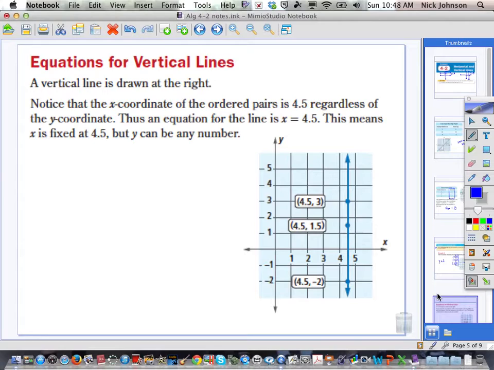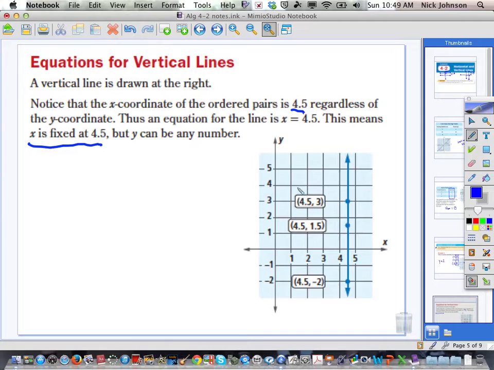Equations for vertical lines. A vertical line is drawn at the right. Notice that the x-coordinate of the ordered pairs is 4.5 regardless of the y-coordinate. Thus, an equation for the line is x equals 4.5. This means x is fixed. That means x doesn't move either way. It stays on 4.5. But y could be any single number.